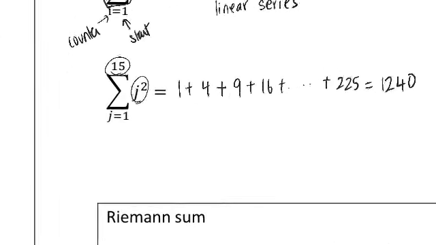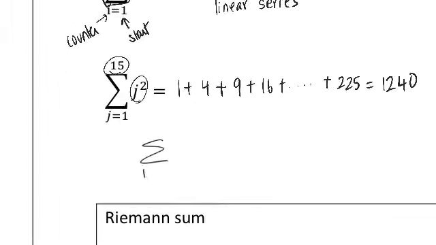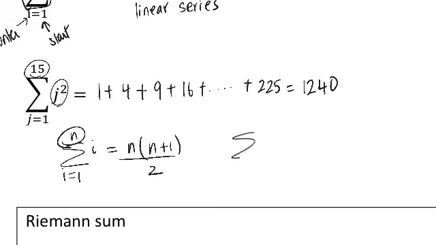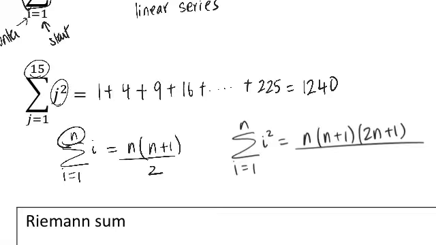Now, people have figured out certain formulas for adding a linear series. So this first series will always work out to be n, which is the stopping value of the counter, times n plus 1 divided by 2. And the quadratic series will always end up being n times n plus 1 times 2n plus 1 divided by 6.